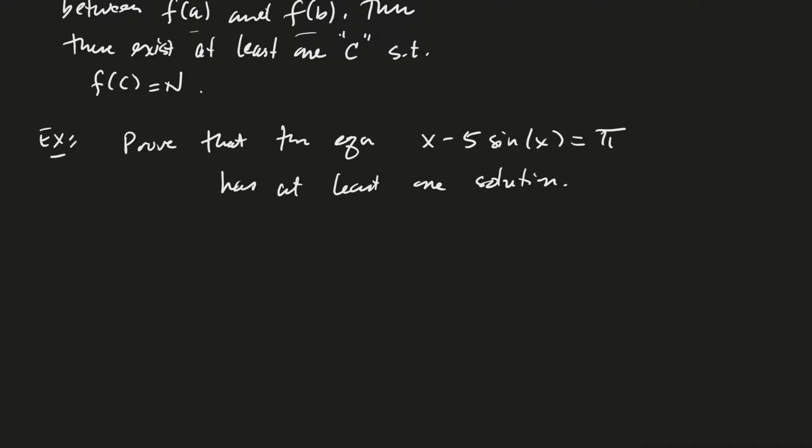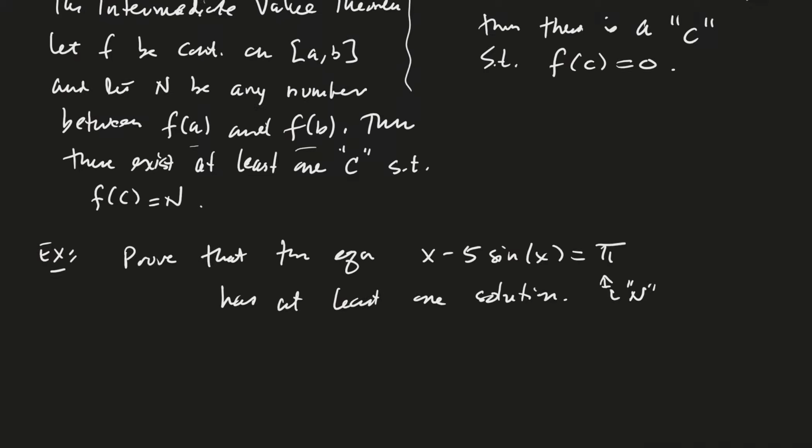Okay, now notice that this does not tell us that we have to find the solution. We just want to prove that a solution exists. And so the way to do this is to actually just plug in some numbers and see what happens. By the way, the pi here is going to be our n in the intermediate value theorem.